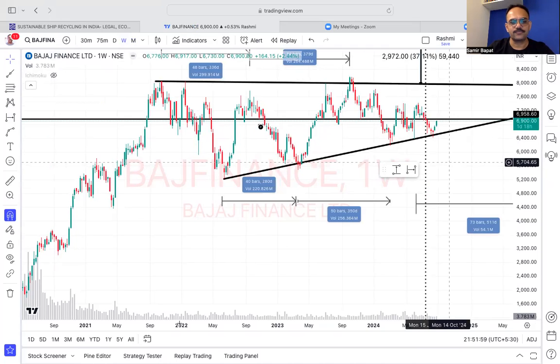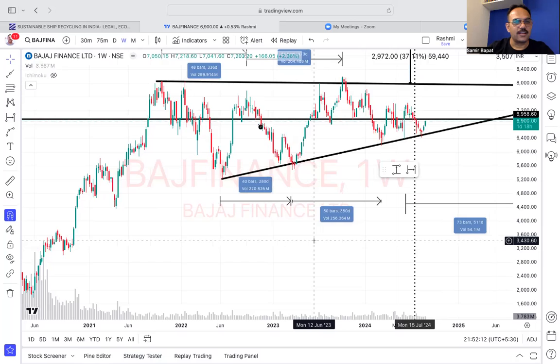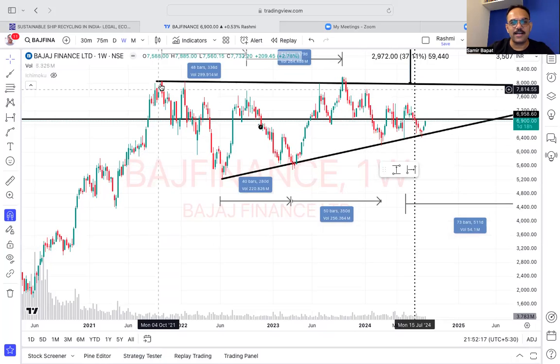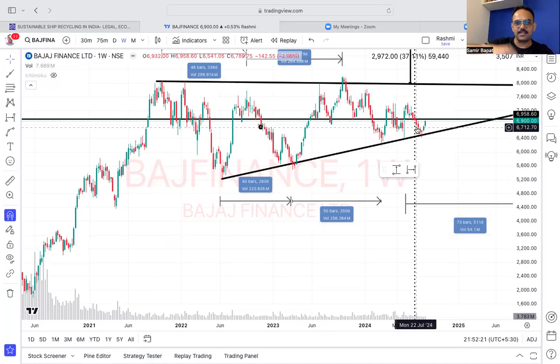Any guess? Is a breakout expected, sir? There's a figure here. I think it's a triangle pattern, right? Yes, it is a triangle pattern. It went up, went down, went up, went down. So it is bouncing in the triangle.